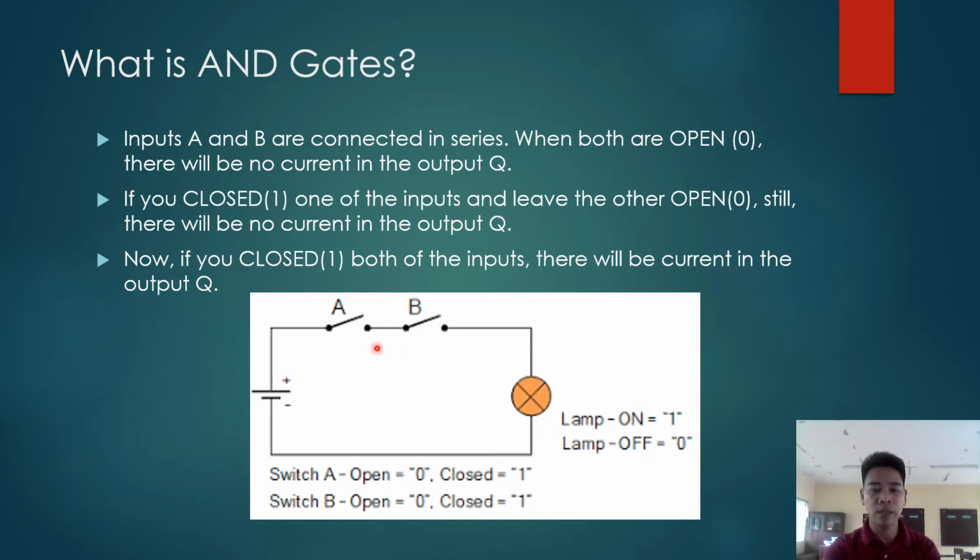That is why this gate is called AND gate. Input A and input B should be switched on together. They are connected in series connection. AND gates basically depend on the type of connection of the two inputs.